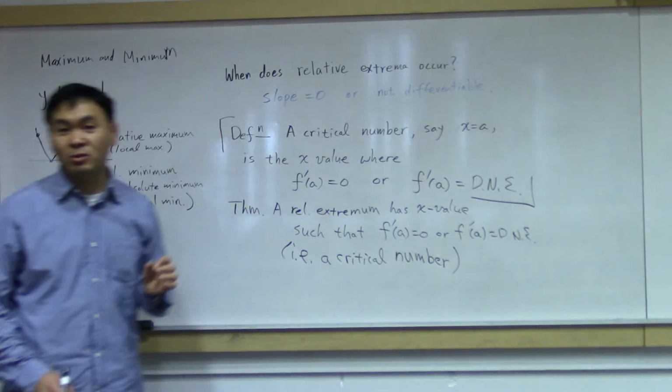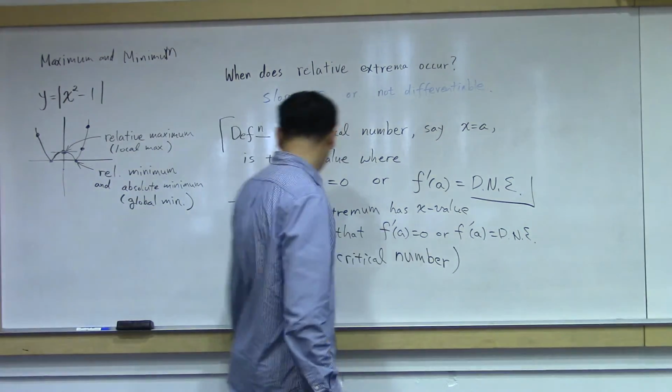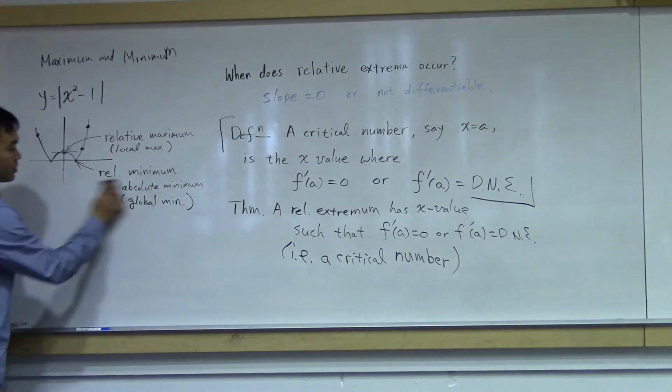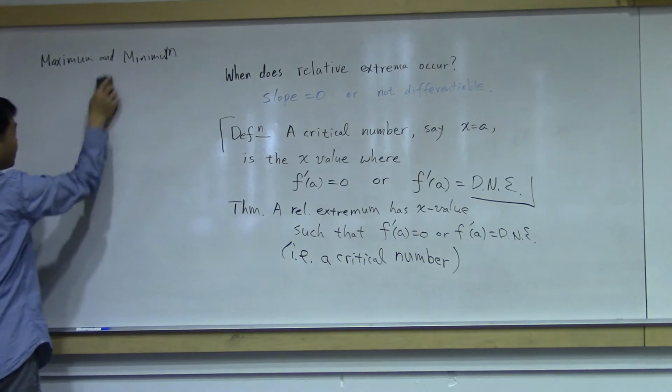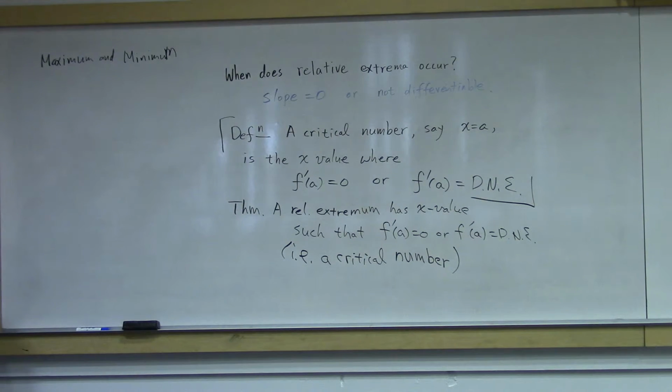It's just the value of x when either this happens or that happens. Now, one thing that you could misunderstand in this definition is that you may think the critical number will always give you a relative extremum, which is not true.